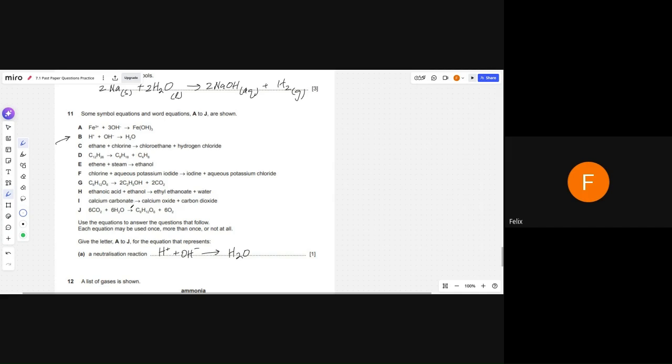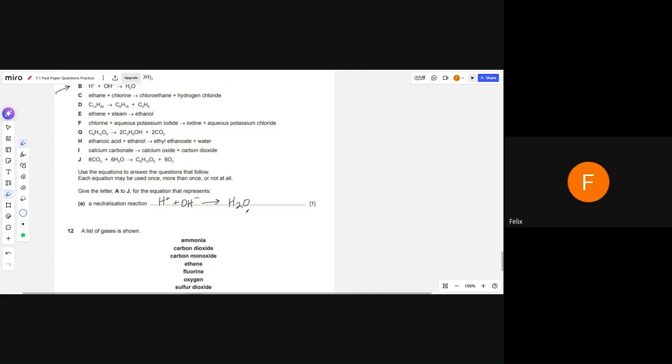Calcium carbonate, decomposition reaction: one reactant, more than one product. And that is photosynthesis that keeps us alive, right? And if this reaction is written in reverse, that will be respiration or combustion reaction. Okay, so I hope this is clear.